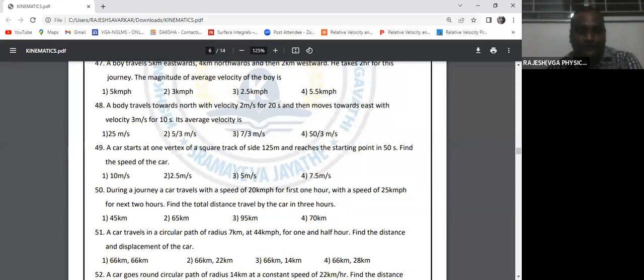Next. A body travels towards north with a velocity of 20 meters per second for 20 seconds and then moves towards east with a velocity of 3 meters per second for 10 seconds. Its average velocity is. So this is 48th question.